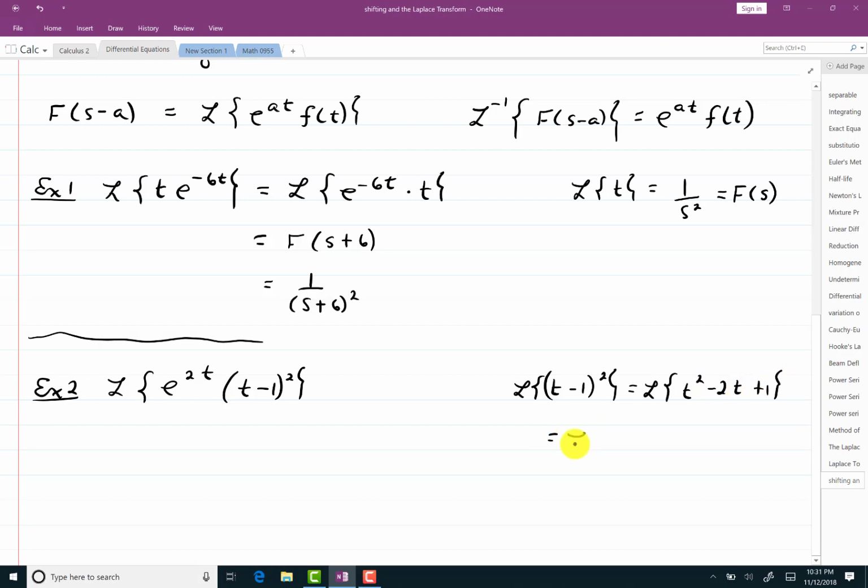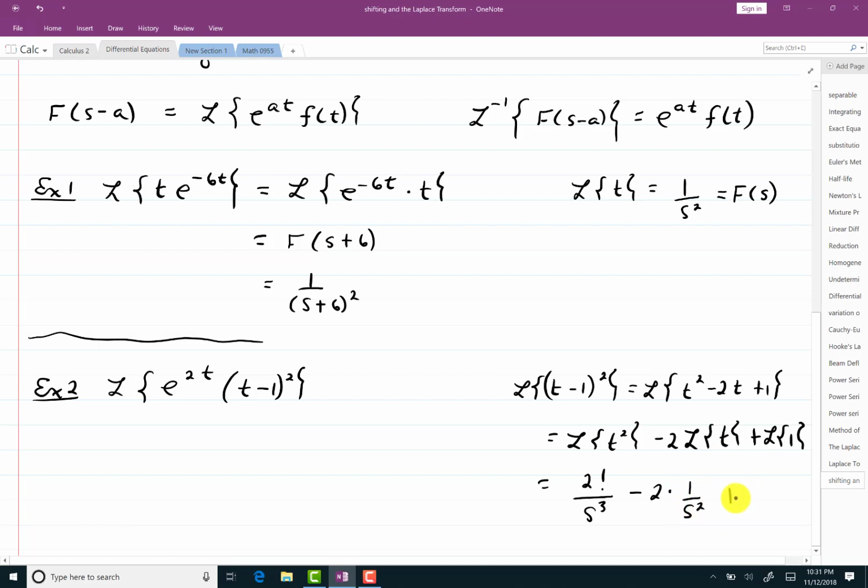And that equals the Laplace transform of t squared minus 2 times the Laplace transform of t plus the Laplace transform of 1. And so the Laplace transform of t squared is 2 factorial all over s cubed. And then I have minus 2 times the Laplace transform of t, which is 1 over s squared.